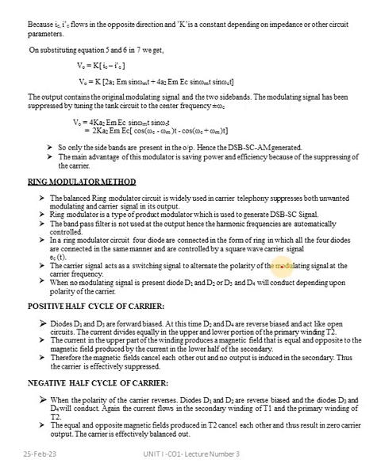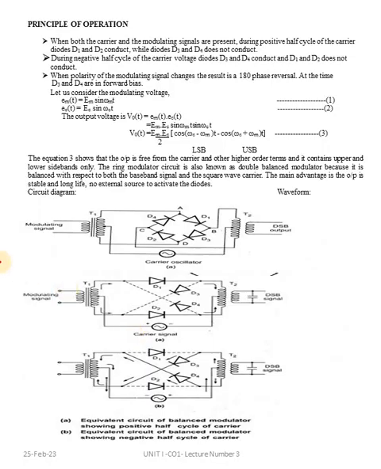When there is no modulating signal, diodes D1 and D2 or D3 and D4 will conduct depending upon the polarity of the carrier signal alone. That is, we obtain the carrier signal as it is when there is no modulating signal at the input side. In the positive cycle of the carrier, diodes D1 and D2 are forward biased. Let us assume this is the circuit diagram for the ring modulator circuit with D1, D3, D2 and D4.